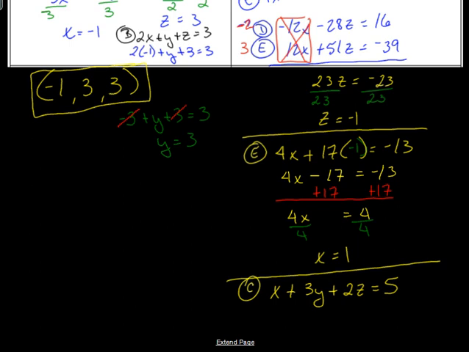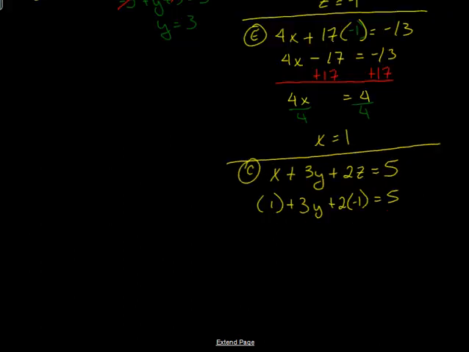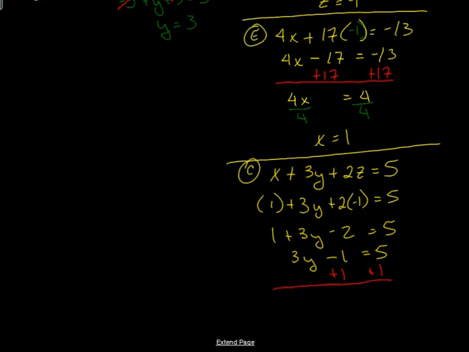So we go back in and substitute now. So I'm going to have here a 1 plus 3y plus 2 times negative 1 is equal to 5. This becomes 1 plus 3y minus 2 is equal to 5. 3y minus 1 is equal to 5. We're going to move the 1 to the other side. Plus 1. 3y is equal to 6.